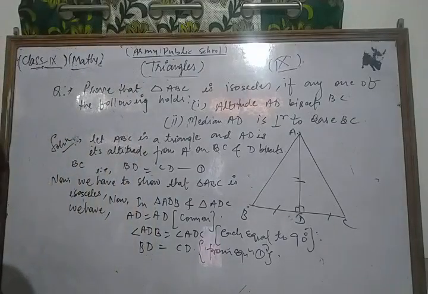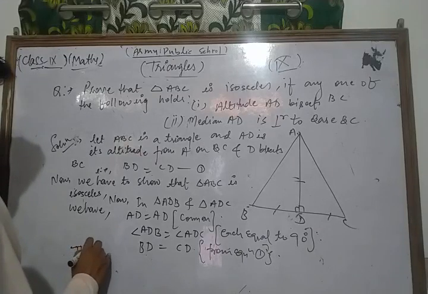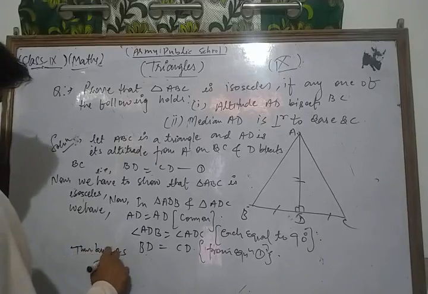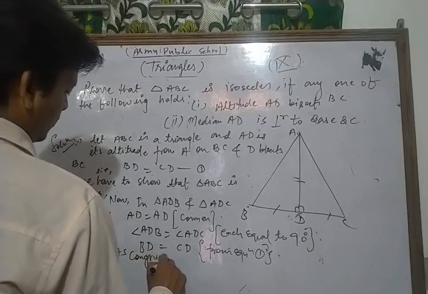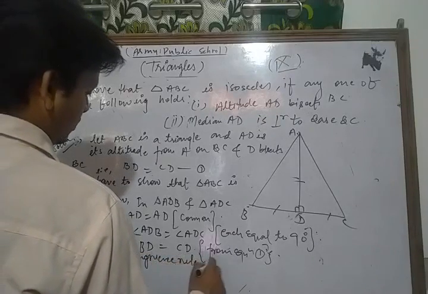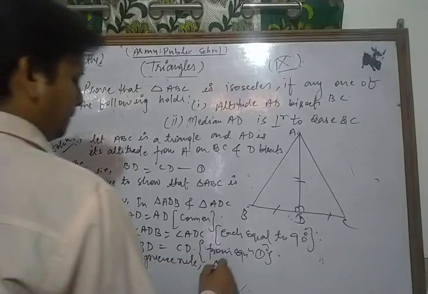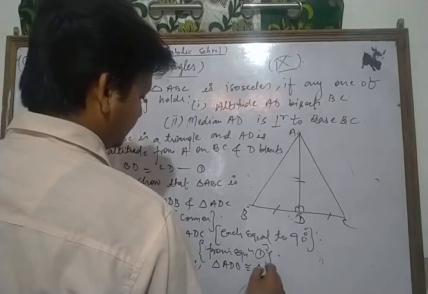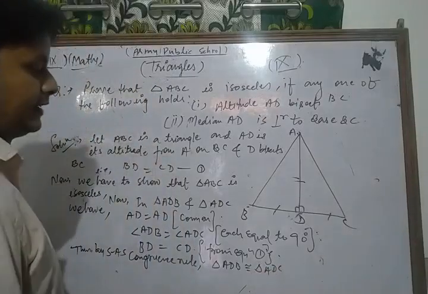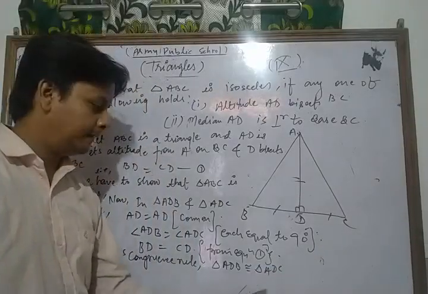Now BD is equal to CD. Thus by SAS congruence rule, triangle ADB is congruent to triangle ADC.